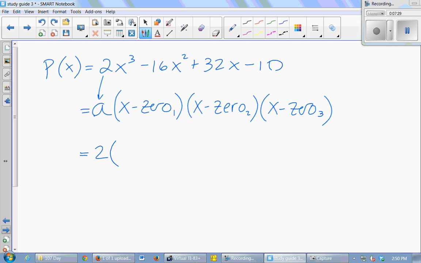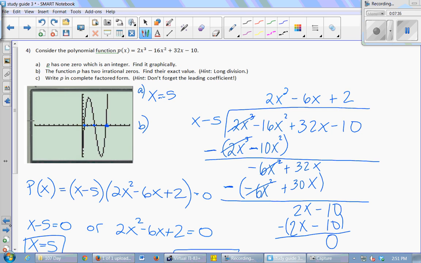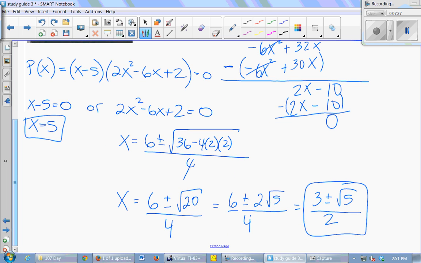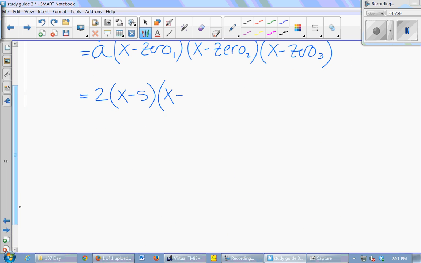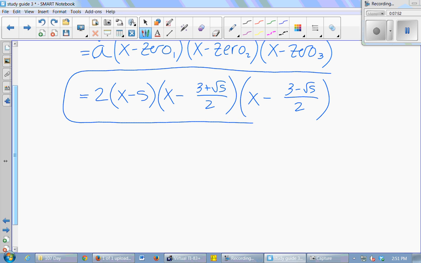And now I just plop in my zeros. I have one of them at 5, one of them at 3 plus radical 5 over 2, and one of them at 3 minus radical 5 over 2. So there is my completely factored form of p of x.